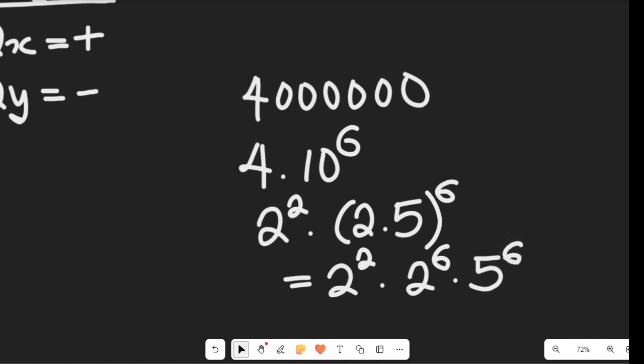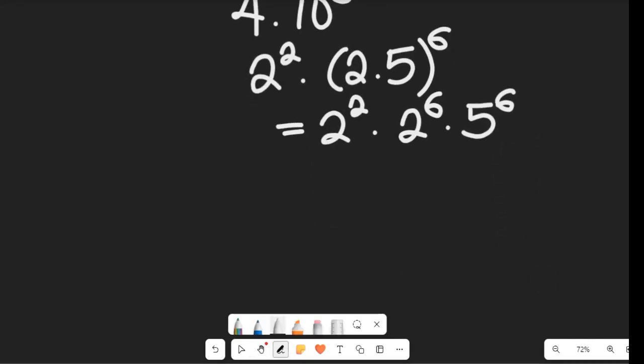According to the law of indices, I'll have to expand that, and this is going to give me 2 to the power of 8 multiplying 5 to the power of 6. Now let me consider expanding this.